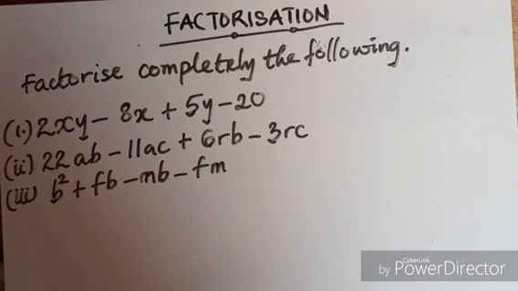Okay, and the last one is b squared plus fb minus mb minus fm. Now all these are past BEC questions, so at that level everything has been arranged in the simplest manner in which you can just do your groupings.